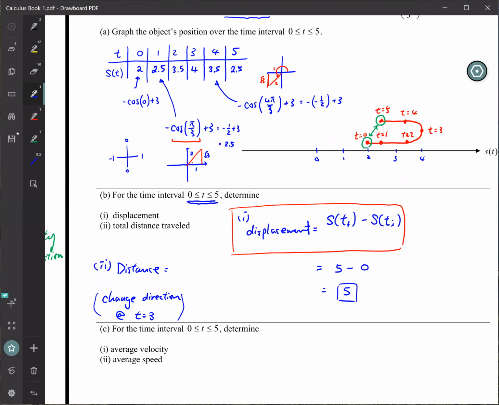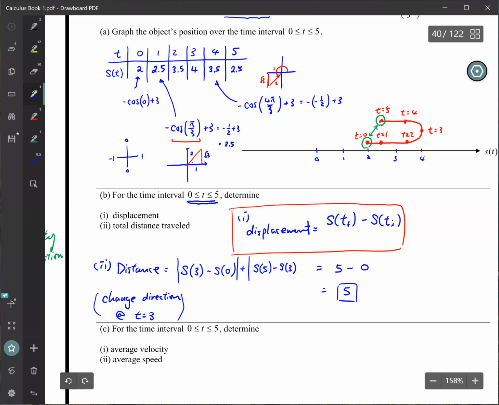Okay, so it will be s of the position at 3 minus the position at 0. So that will give you the distance between 0 to 3 seconds. And because it's distance, we must keep it positive. So we put an absolute value. Okay. And then second part is you take the position at 5 minus the position at 3.